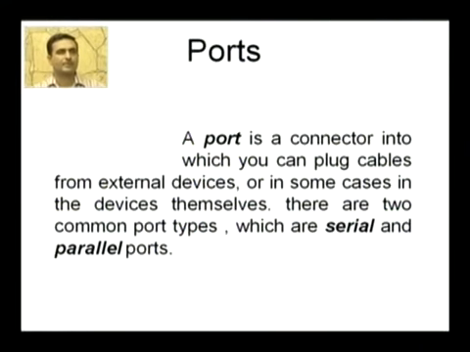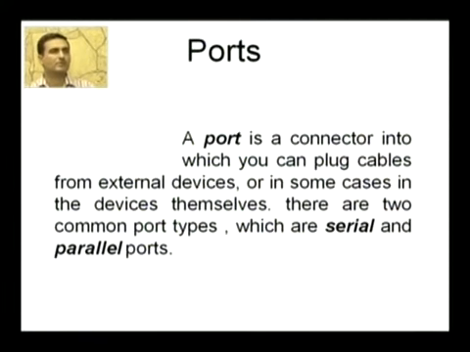First, the serial port. In a serial port there is a serial transmission of data. As discussed earlier, if we transmit 8 bits serially, then there is a need for a single wire for the serial interface, and these 8 bits are transmitted one by one.